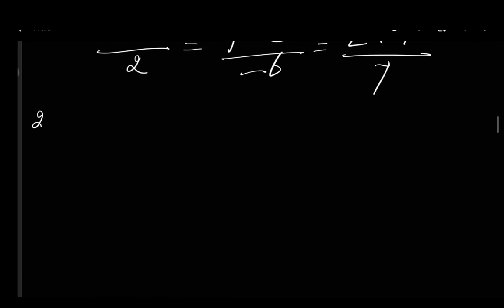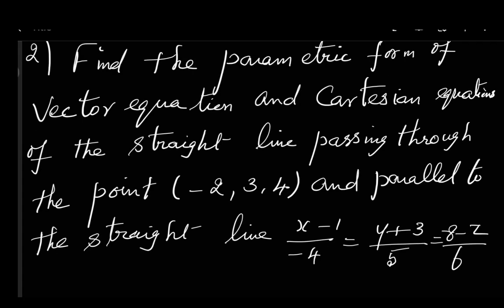Let me do the second sum. Find the parametric form of the vector equation and Cartesian equation of the straight line passing through the point minus 2, 3, 4 and parallel to the straight line x minus 1 by minus 4, y plus 3 by 5, 8 minus z by 6.